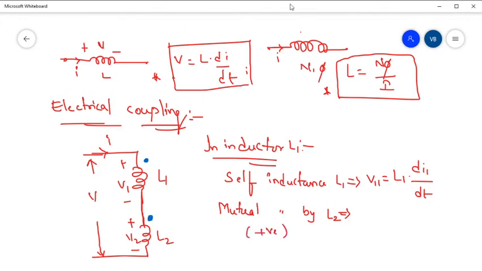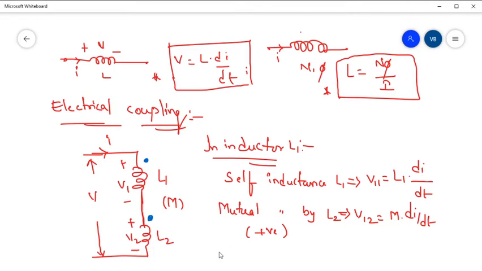Same formula, but instead of L1, here the mutual inductance value, let us take it as common, M, is the mutual inductance. So now we can write the mutual inductance voltage by the inductor L2, V12, equals M into di by dt. Here also the current is the same, so it is di by dt.